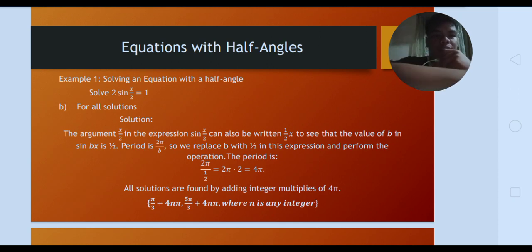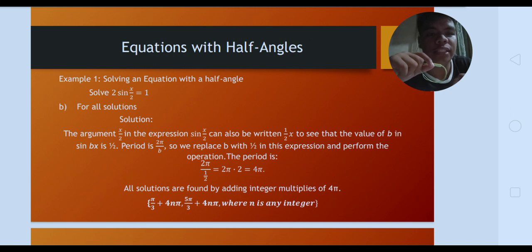The argument x over 2 in the expression sine x over 2 can also be written as 1/2 x, to say that the value of b in sine bx is 1/2. Period is 2 pi over b, so we replace b with 1/2 and perform the operation.